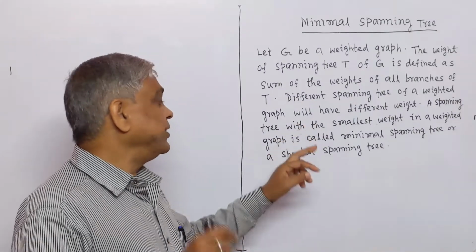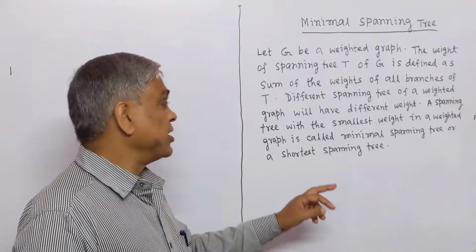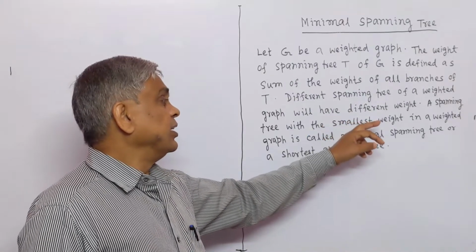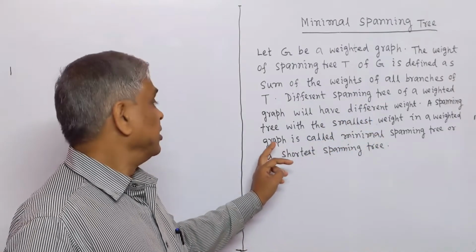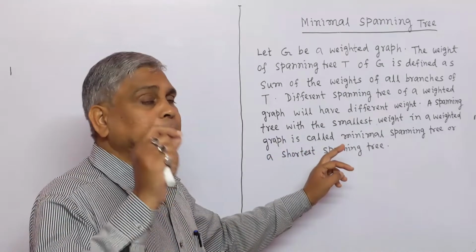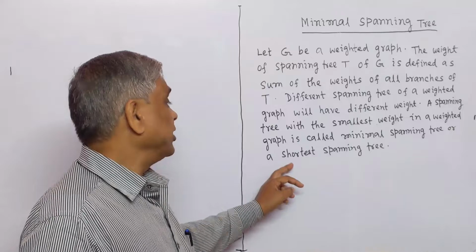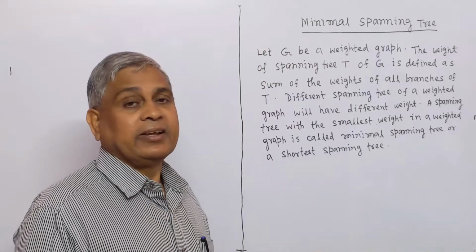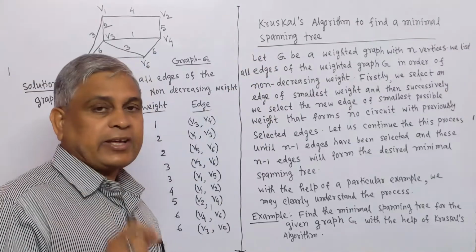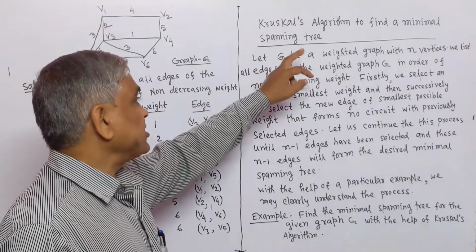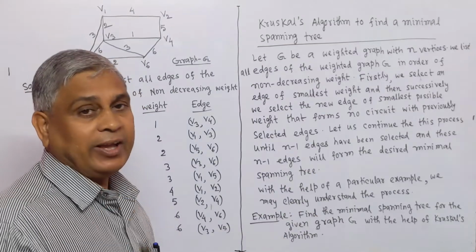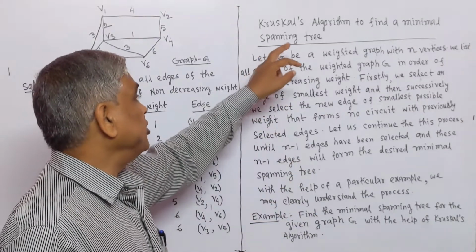A spanning tree with smallest weight in a weighted graph is called minimal spanning tree or a shortest spanning tree. Now we describe Kruskal's algorithm to find a minimal spanning tree.